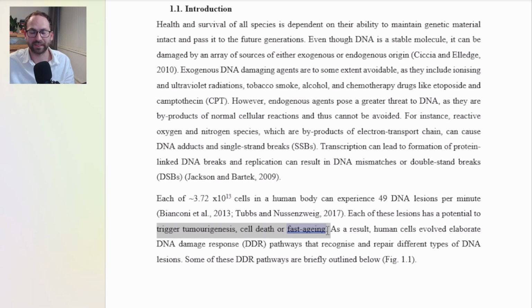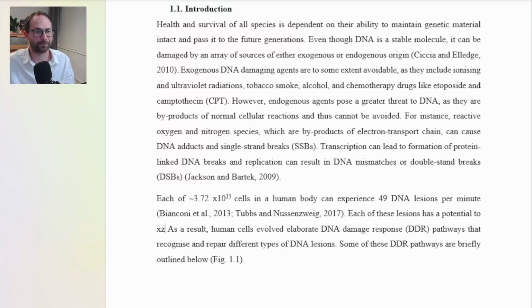So this is why my topic of expertise is so important, because in each of the cells in a human body you get on average 49 mutations per minute. Each of these mutations could kill you, so clearly they need to be repaired, they need to be fixed.